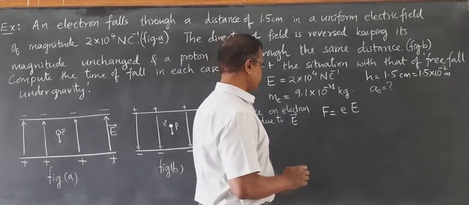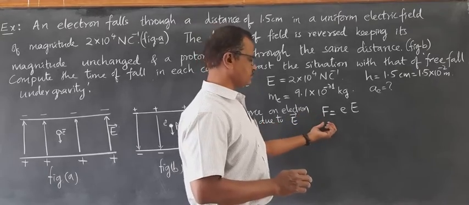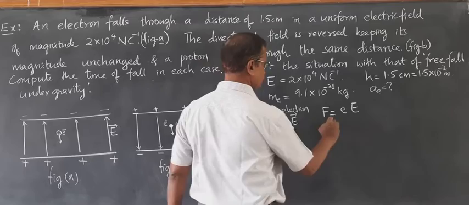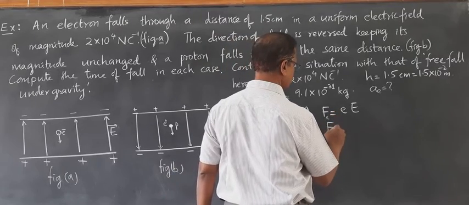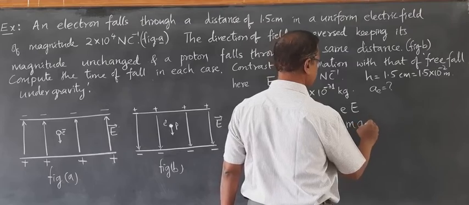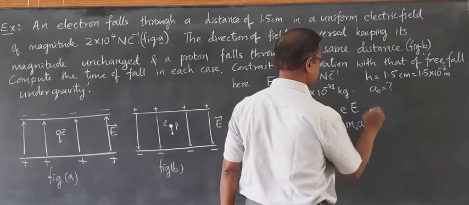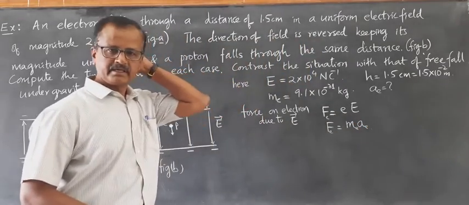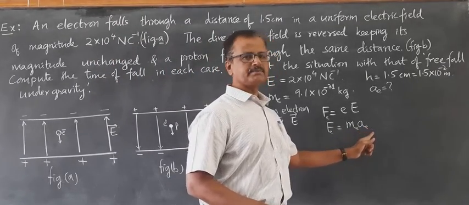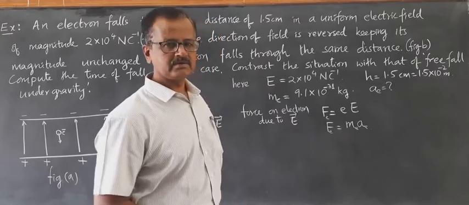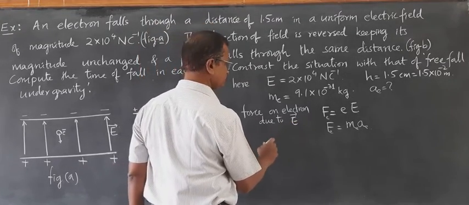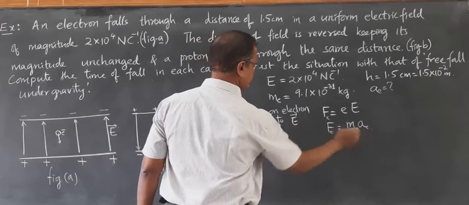So we can now equate this force using Newton's second law. Force on electron is also given by mass of electron into acceleration of electron, m_e a_e. m_e to represent electron mass, a_e to represent acceleration of the electron. So equating these two, we want to calculate acceleration.